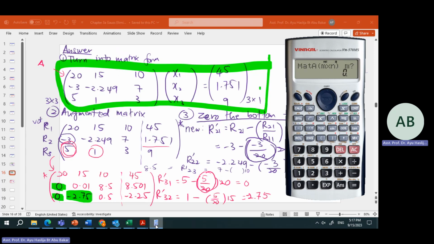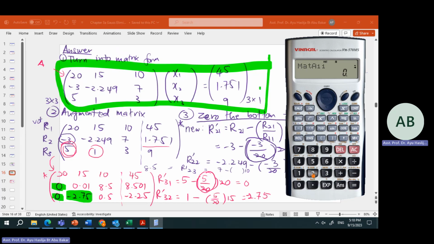Now, what is the dimension of matrix A? 3 by 3. So M is 3, equal. N is 3, equal. Now it will appear MatA 1,1, meaning the value in row 1, column 1, which is 20.